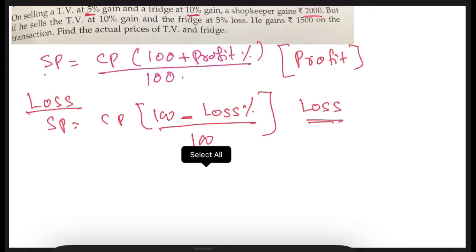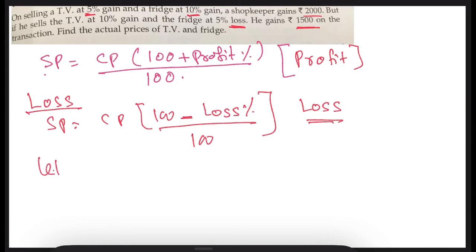But if he sells the TV at 10% gain and fridge at 5% loss, here he is making a loss, not gain. In that first question both are gain, but here in the second case he is getting less money. He sold it at a loss. So still he is gaining 1500 rupees on that transaction. Find the actual price of TV.